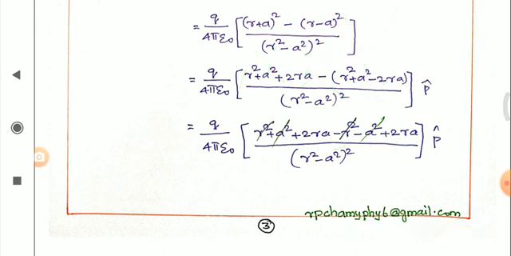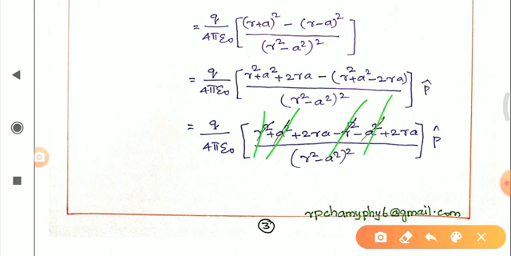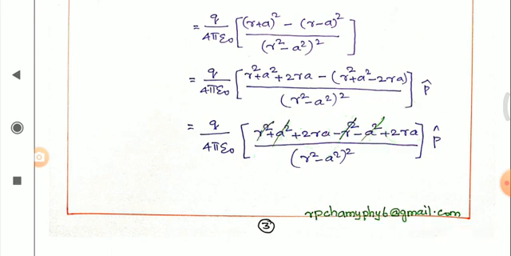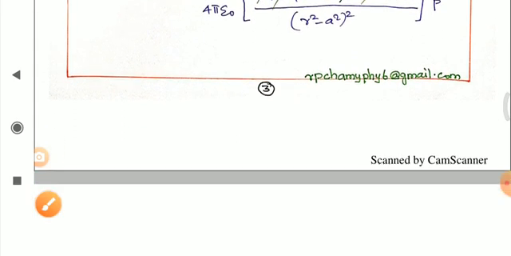Now we can take the common step. Plus r square minus r square is cancelled, plus a square minus a square is cancelled. What will be remaining? 2ra and another 2ra. In the denominator, (r square minus a square) whole square into p cap. It will be brought to the next step.